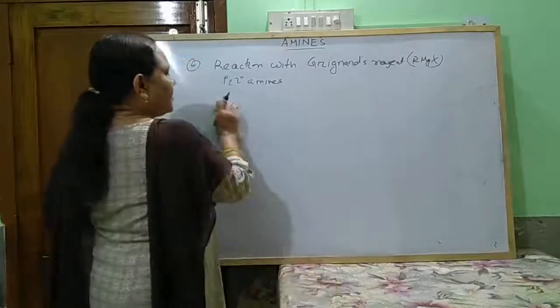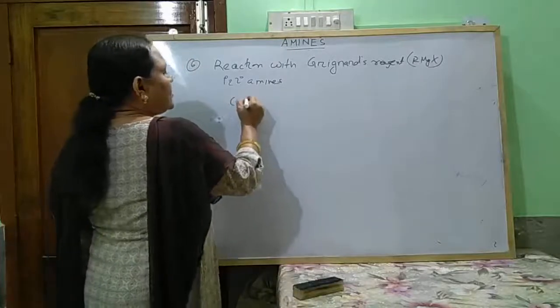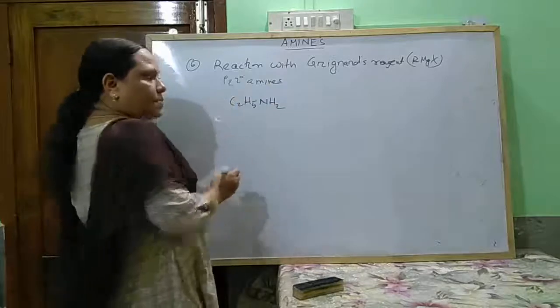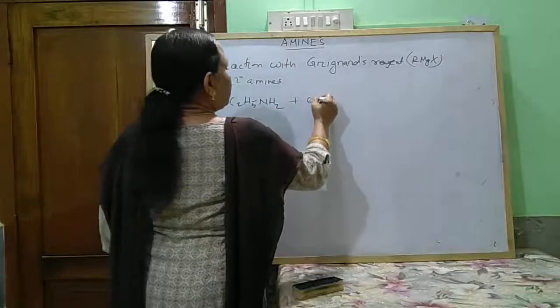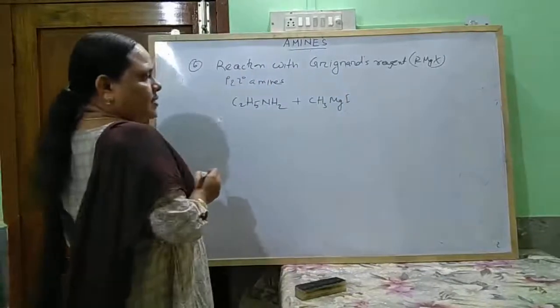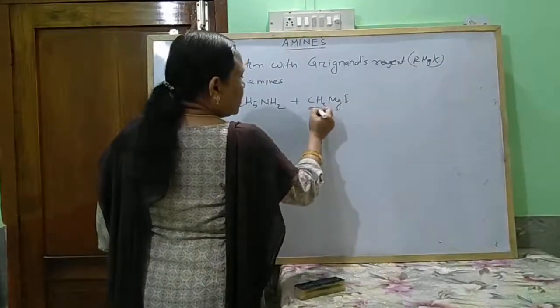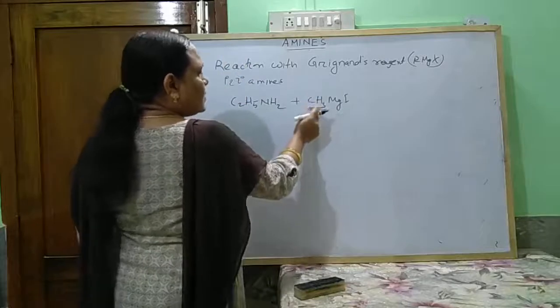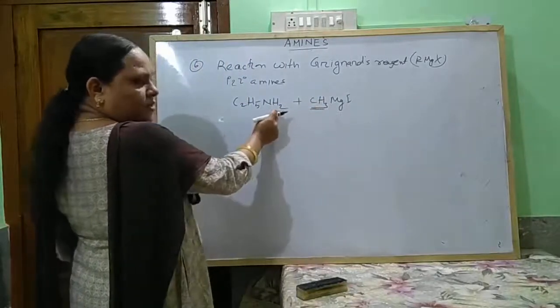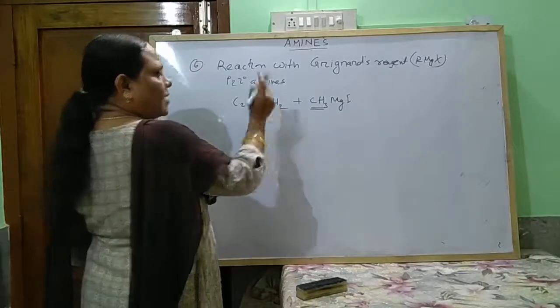Suppose I have taken here C2H5NH2, ethylamine, plus methyl magnesium iodide. What is the group here? Methyl group. So this alkyl group reacts with this hydrogen to form alkane.